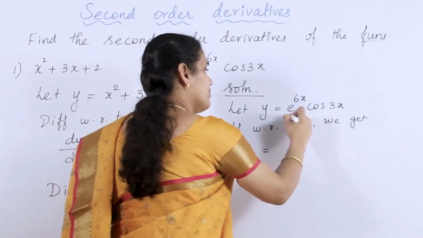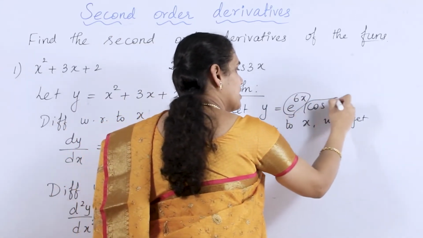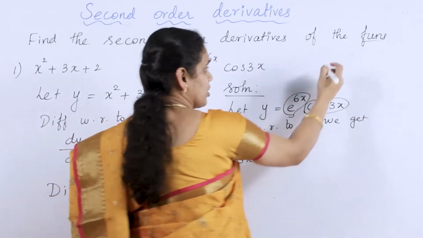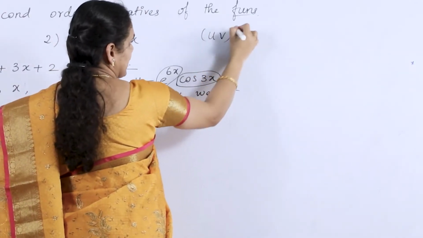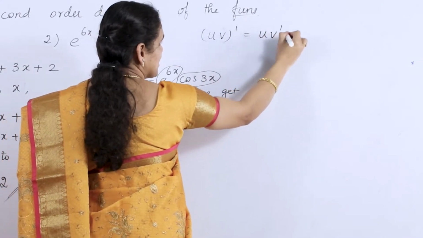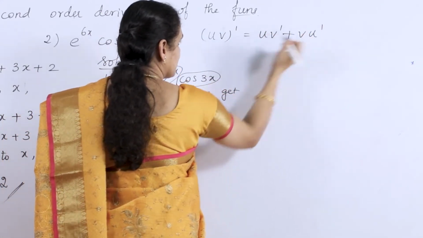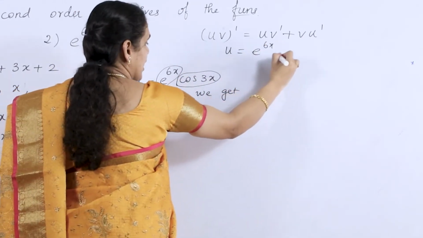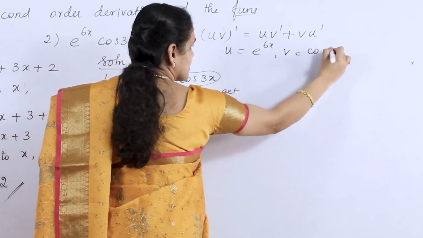So this is one function and this is another function. So we have to use the product rule or Leibniz rule. So what is that? uv whole dash is equal to u v dash plus v u dash, right? So u is here e to the power 6x and v is cos 3x.